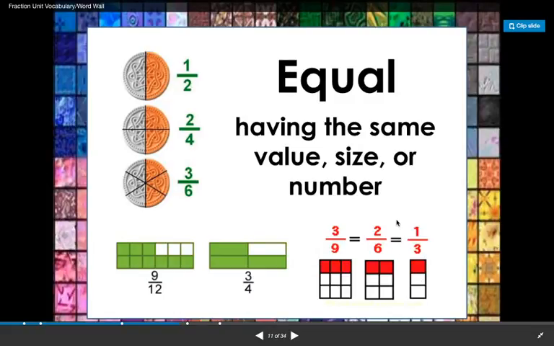So these fractions put into their lowest terms would be 1/3. These two fractions simplified into lowest terms are 1/2. This fraction simplified into lowest terms is 3/4.